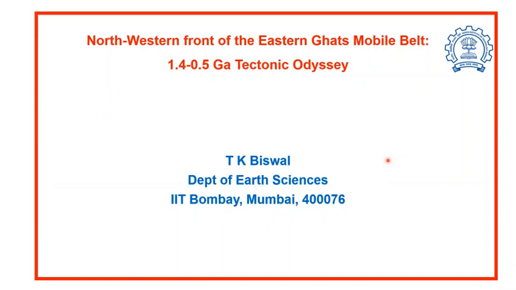Here the front is very clean, in the sense it is directly in touch with the established craton. There is no doubt about its edge. The Bastar craton is well established, its edges are well established, and the lithology also well established. So Eastern Ghat is directly in touch with the Bastar craton in this part of the mobile belt.